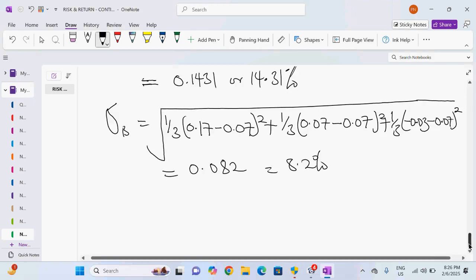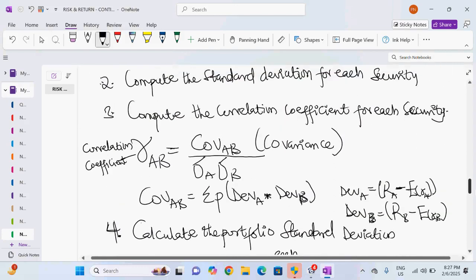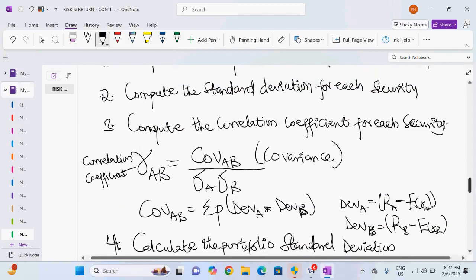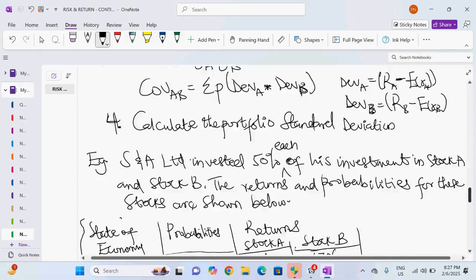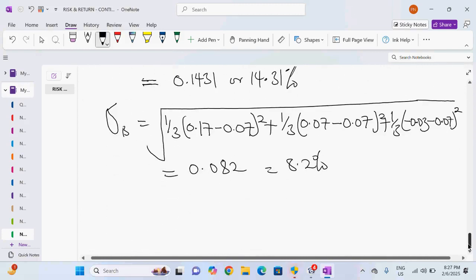It means you are not writing, right? Oh no, sir. Compute the correlation coefficient. Yeah. It's here. I see.